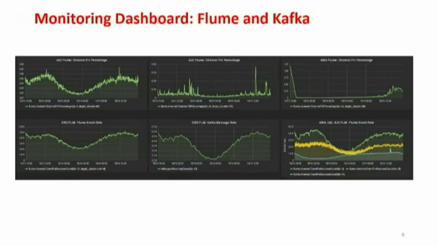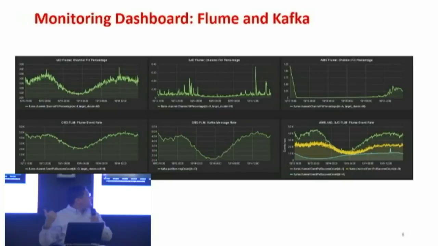Here, we are monitoring how much backlog we have in the Flume channels. If we have any kind of network outage, you will see the Flume channels filling up. For example, this is East Coast, West Coast, and Amsterdam, or Europe, and you can see a big spike there.